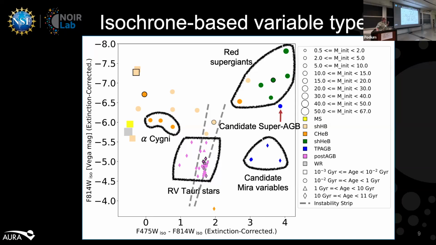The candidate super AGB, we emphasize candidates. There is only one potential super AGB known. This is definitely worth a follow-up, but again, crowded cluster environments, are we then seeing the same star, but it's a potential follow-up. And of course, Mira variables and Alpha Cygni stars as well.